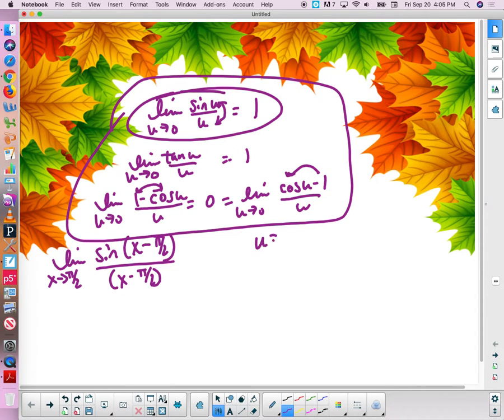However, if I let u equal x minus pi over 2, then I get the sine of u over u, and notice as x approaches pi over 2, u does approach 0, so that one will go to 1. So you could even have u substitution.